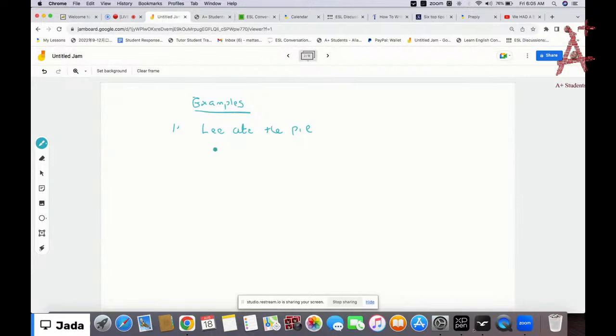If we're looking for the subject here, it has to be who ate the pie, who is doing the action, which of course is Lee. So Lee is doing the action. Now Lee is the subject.